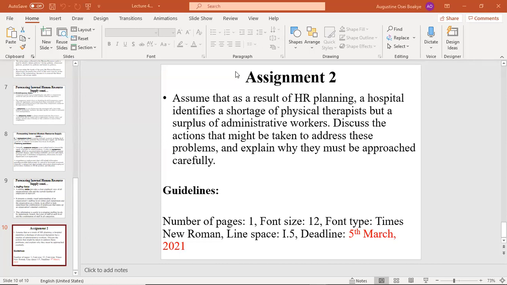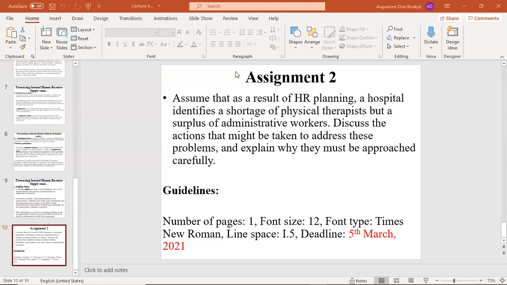Genevieve, hello. Go on. Genevieve: Well, first of all, I explained human resource planning, and then I said it's a continuous process activity because of the external and internal factors.